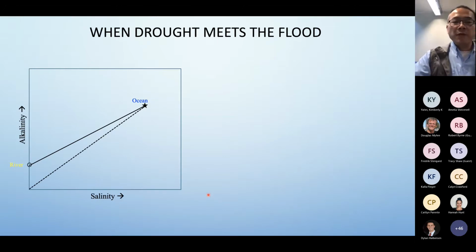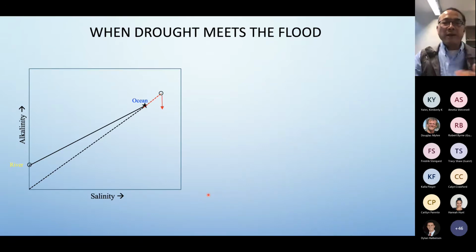So the situation with this is that, well, here, this is the river-ocean mixing again. And here is the evaporation of ocean water. In the dry conditions, it goes to hypersalinity, and then alkalinity can be consumed. You have this new alkalinity in this hypersaline environment, but then what if you have a sudden release of fresh water?